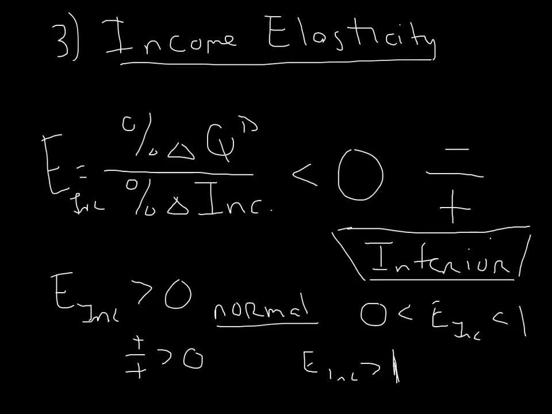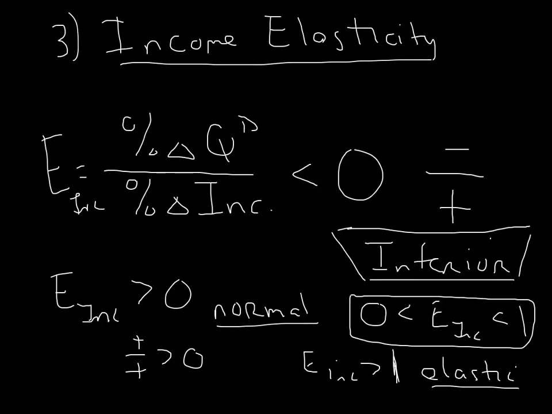Well, similar to the other price elasticities, if it's greater than 1, people are very responsive, so this would be considered a normal good that is elastic with respect to a change in income. If it's positive but between 0 and 1, then this one would be considered a normal good, but one that is inelastic.